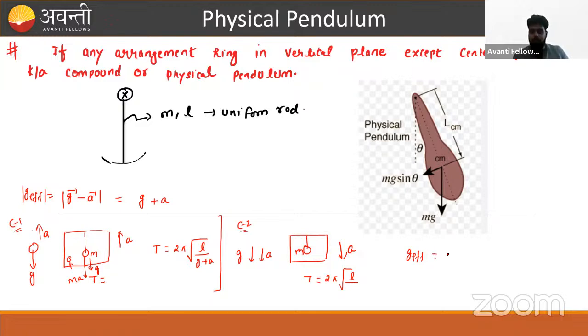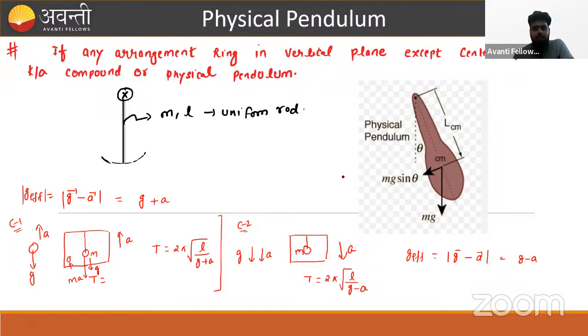That is nothing but G vector and minus A vector. A is also acting in the same direction as G. This will equal to A vector. So this will equal to G minus A. If we put this value, this will become G minus A. So in such a manner, we can write down the things better.